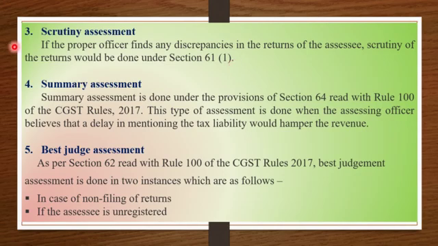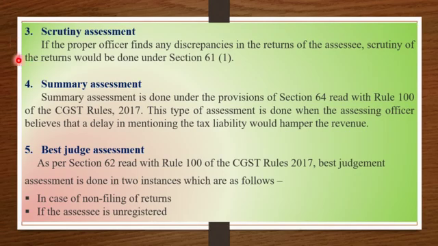The proper officer would scrutinize the returns to check their correctness, and if any discrepancies are found, the same would be communicated to the assessee. The assessee would then have to provide the reasons for the discrepancies found. The assessee can accept the discrepancies and pay the tax and other penalties relating to such discrepancies.